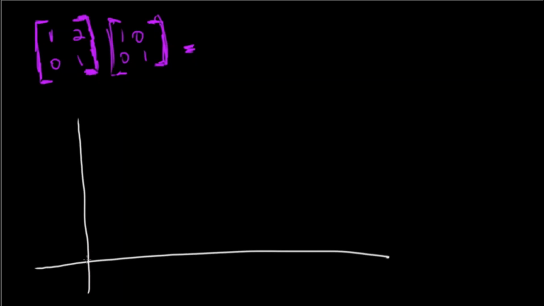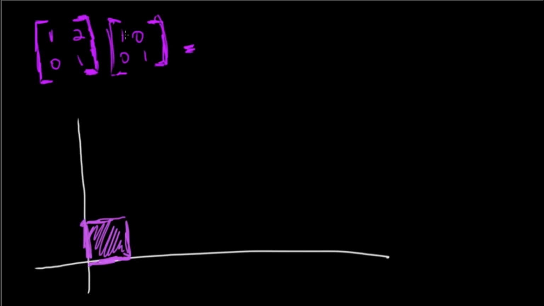All right, so we have one. Let me go ahead and get purple. We have this square, this unit square. All right, and we want to see what the output looks like, so I'll do that in green.